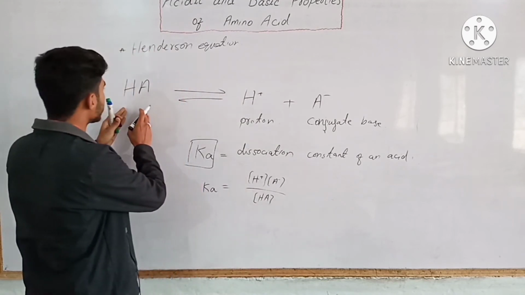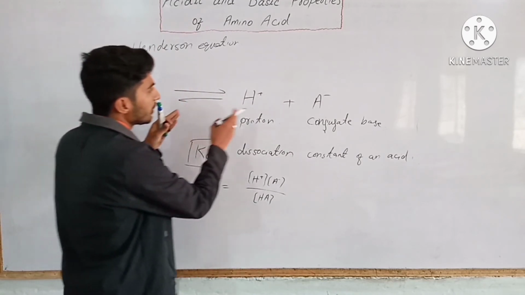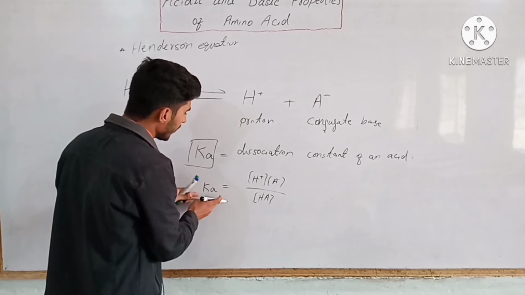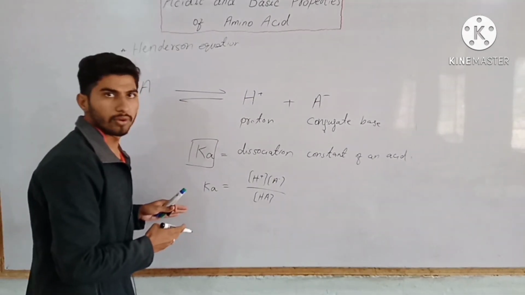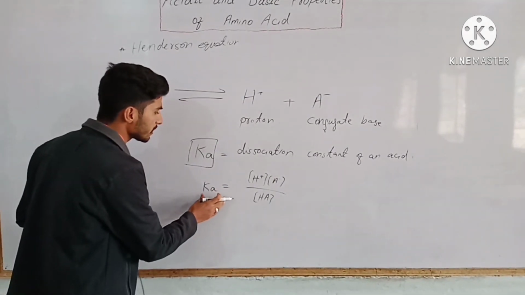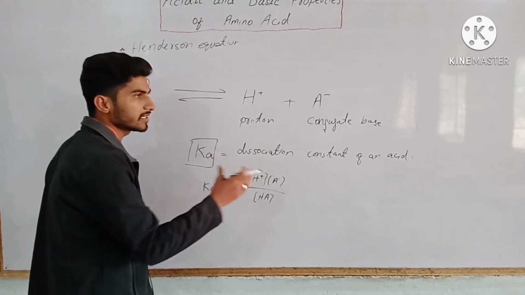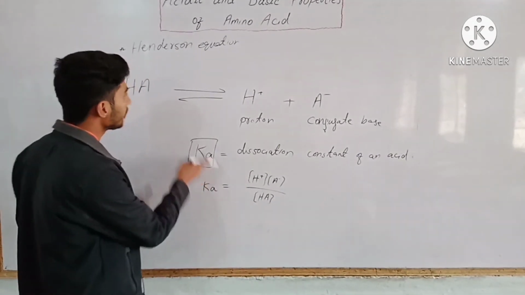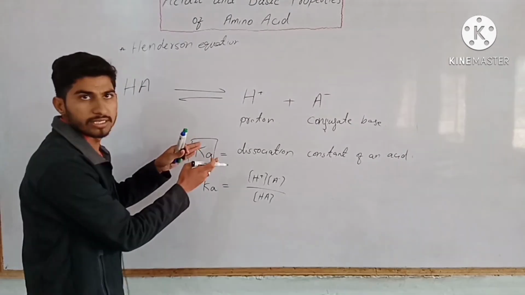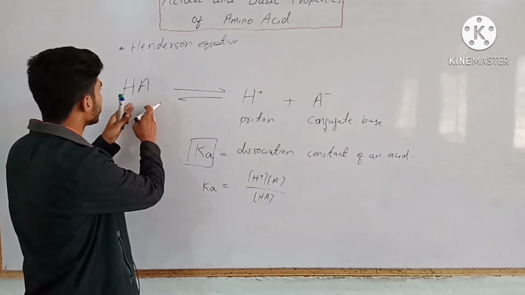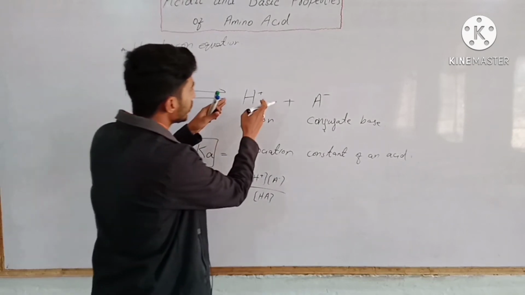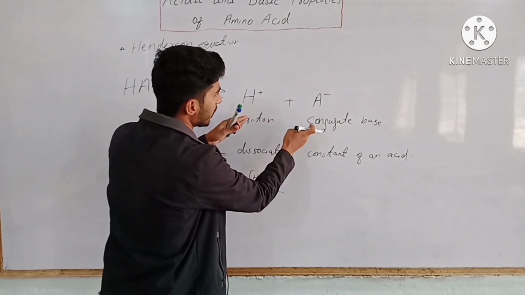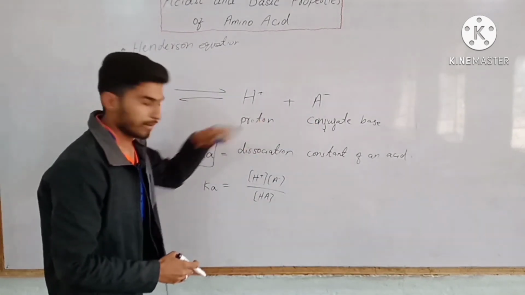If this acid dissociates to a large extent, then the Ka value is greater. So the Ka value is directly proportional to the acidic strength of the amino acid. If the Ka value increases, the amino acid is more acidic, meaning it will dissociate into its proton and conjugate base to a large extent.